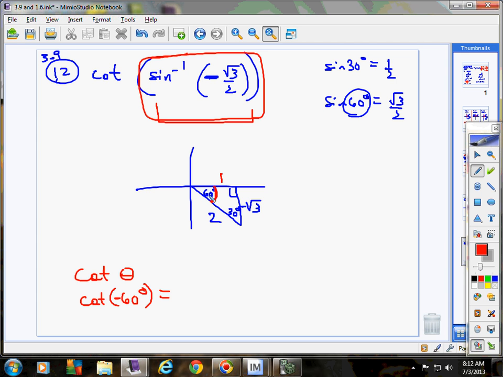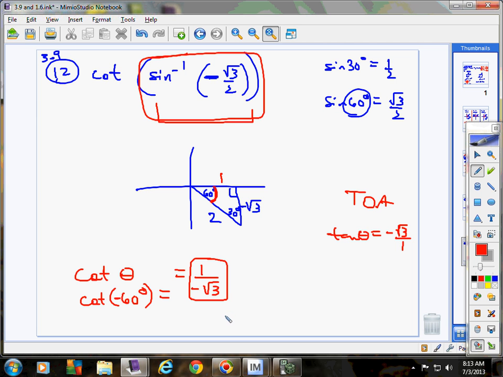All right, now what do you do to get the cotangent? You find the tangent, and then you flip it, right? Invert it. So let's get the tangent of this angle. Tangent, opposite over adjacent. Flip it, so the cotangent is going to be 1 over a negative square root of 3.